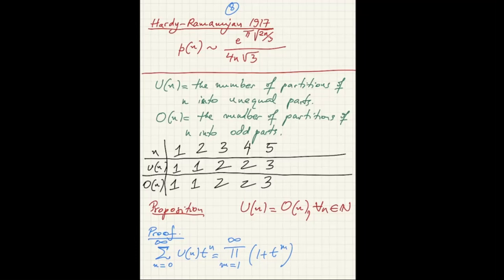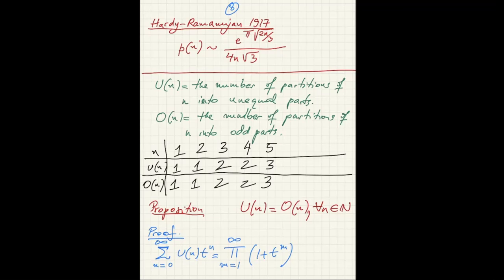Because when we calculate a term coming from this product, it means we pick a t to some power from finitely many brackets, and all those powers are going to be distinct, and they correspond to a decomposition of n into unequal parts. So that's essentially the proof that un is the coefficient of t to the n in this infinite product.